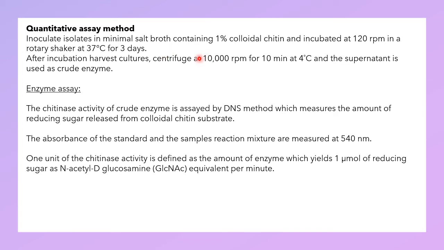Okay, so as I told you, the colloidal chitin will act as an enhancer for enzyme secretion. So now after centrifugation you will use the supernatant, which will have the crude enzyme present, for your enzyme assay. Generally the DNSA method, or DNS method, is used for enzyme assay, but there are some different methods recently developed by some researchers.